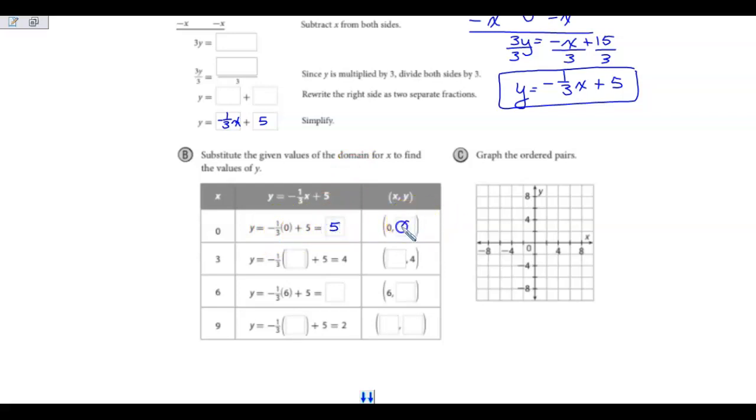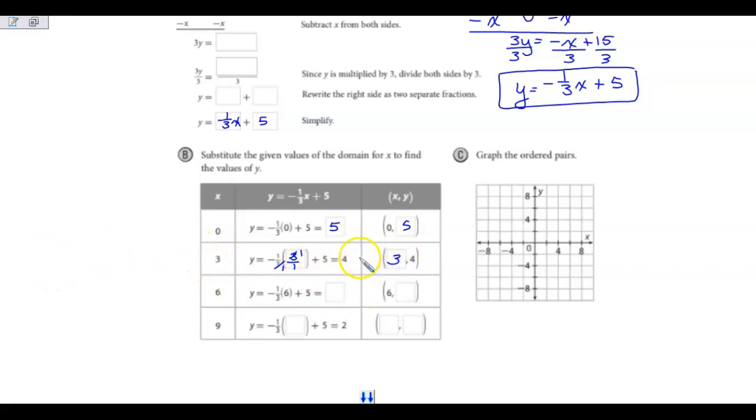So my ordered pair is 0, 5. Then I have y equals negative 1/3 times 3 plus 5. If I change that to a fraction, I can simplify. 1 times negative 1 is negative 1. Negative 1 plus 5 is 4. So that means that my ordered pair is 3, 4.